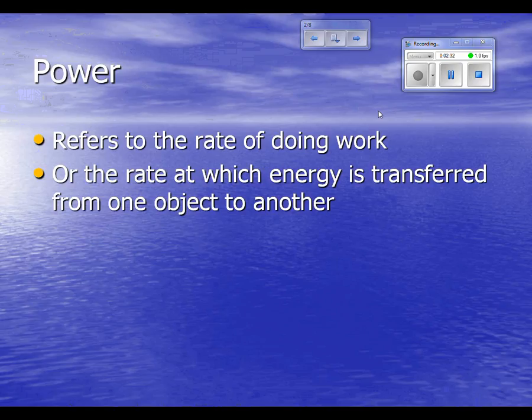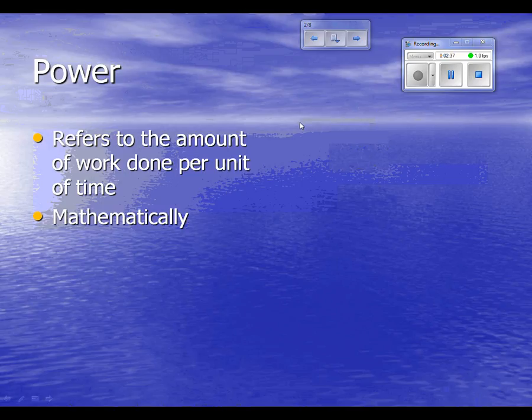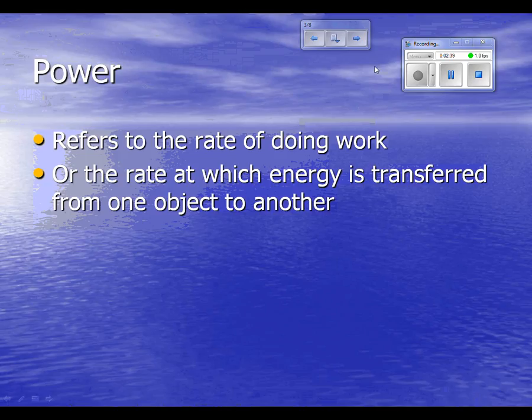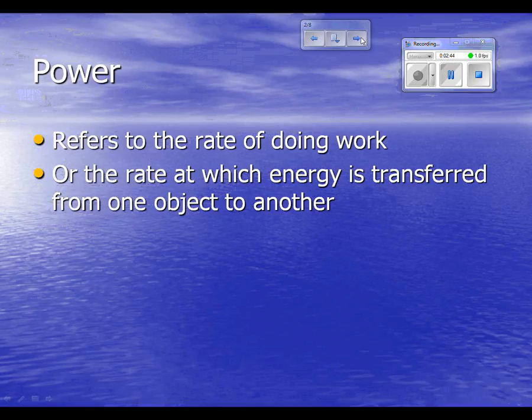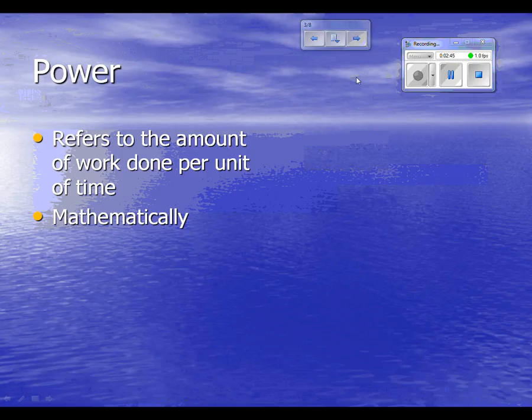All good? Yeah? Oops, I guess that might be too fast. From a mathematical standpoint, it's the amount of work done per unit of time.